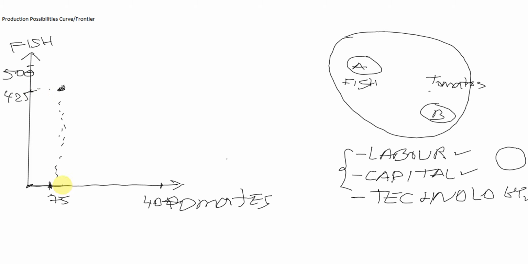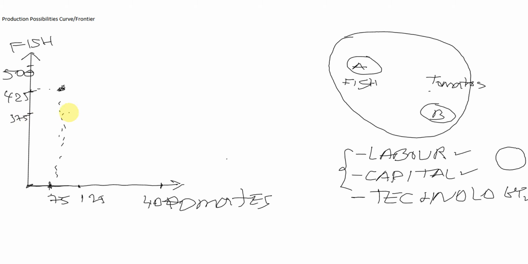And if we continue increasing the production of tomatoes, say this is now 125 or something like that, then obviously we are deploying more of the resources that we previously used in fish catching now to tomatoes, right? So fish production will have to decline because some of the people are now shifting to tomato production. So that will be 375.